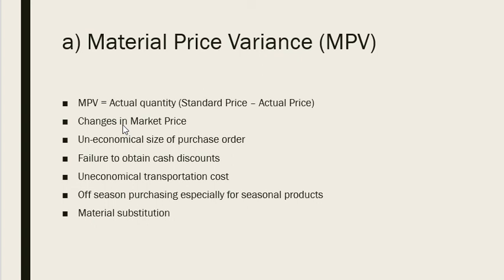Uneconomical size of purchase order. Your purchase order is only 3, but if you are increasing it to 4 purchase orders, the price also will increase. So you can't meet the standard price you have set. Then failure to obtain cash discounts. Cash discounts will be given by a vendor to the purchaser only when he is paying cash immediately for the purchase of the raw materials.